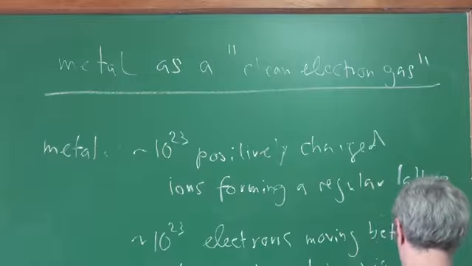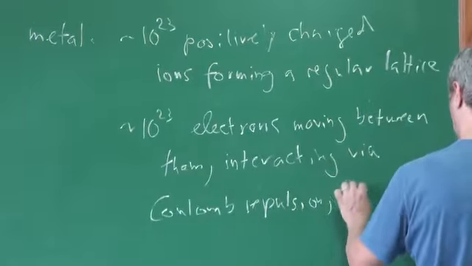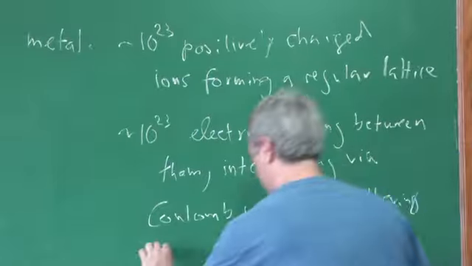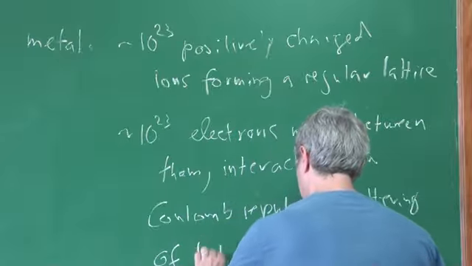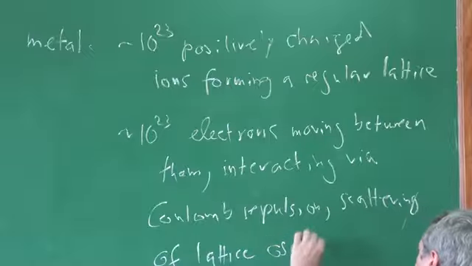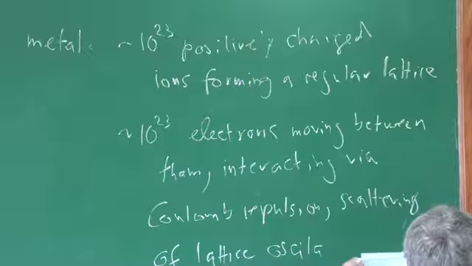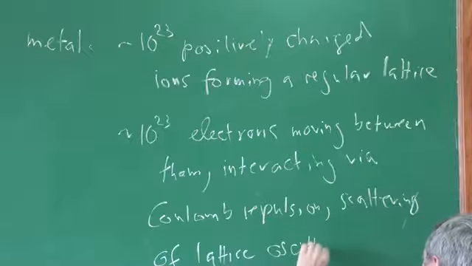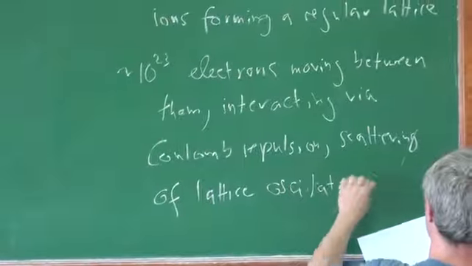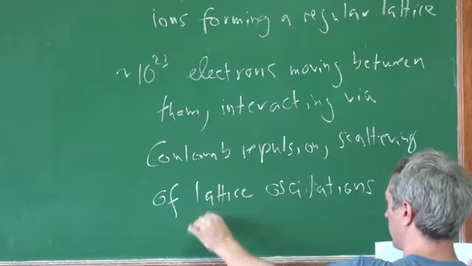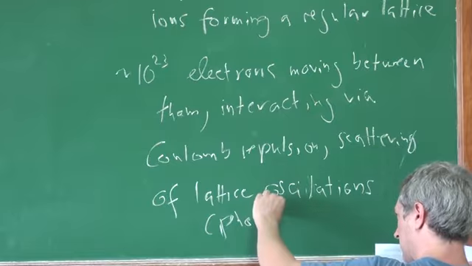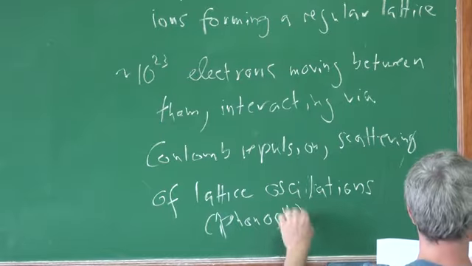But apart from that, in principle, they can scatter off the lattice oscillations, which are the phonons once you quantize them, so there is interaction between electrons and the phonons.